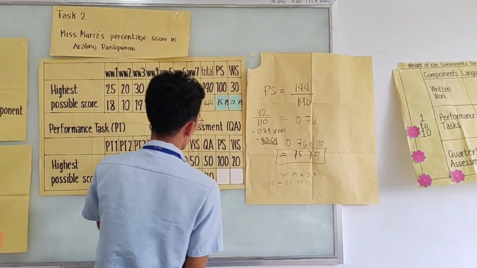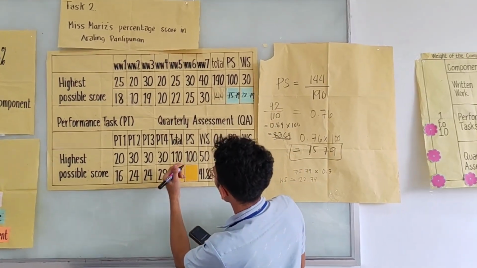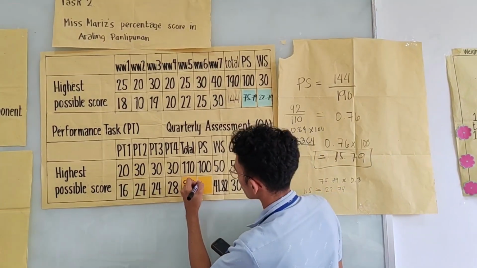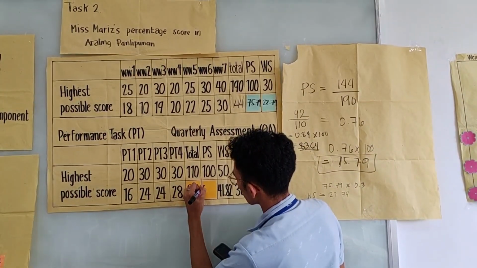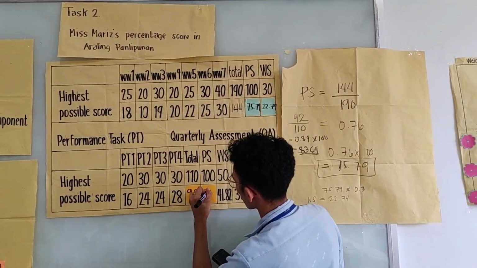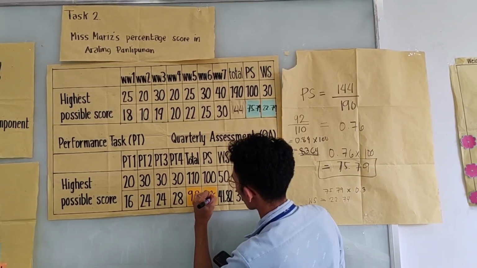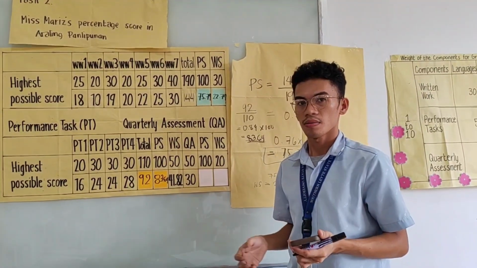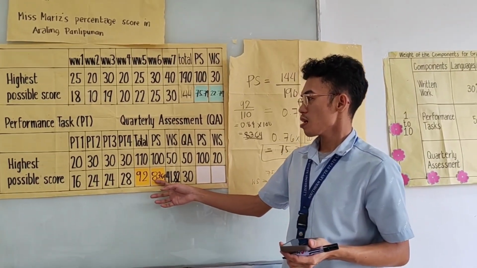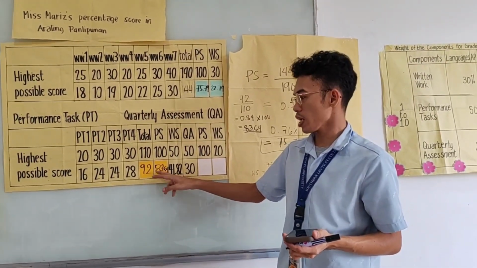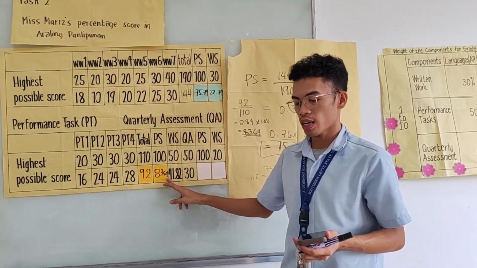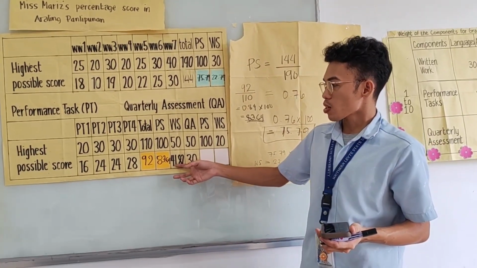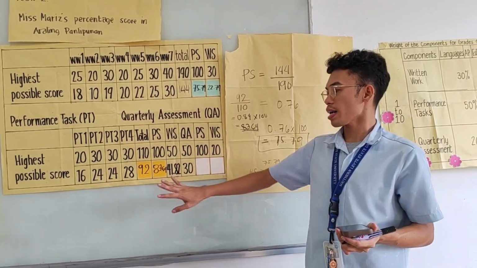So we need to write it here. So this is Miss Marie's percentage score in performance task, which is 83.64.